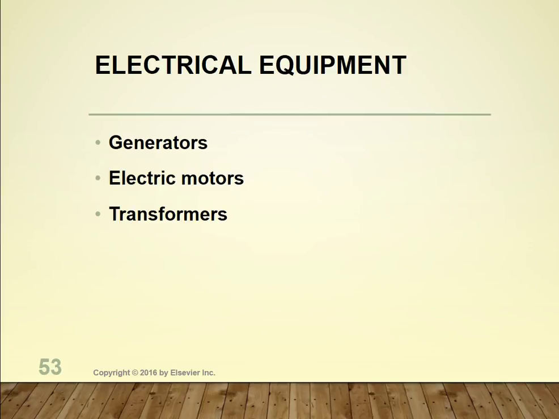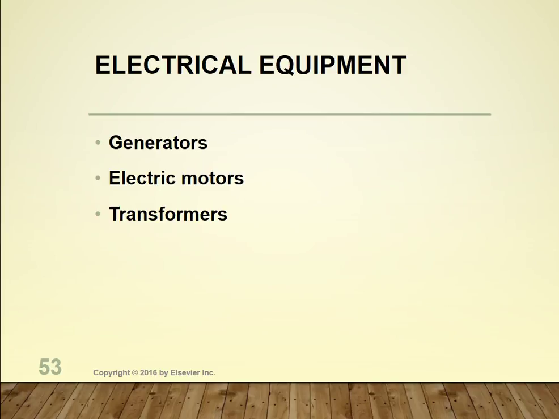When it comes to electrical equipment, electromagnetism and electromagnetic induction have many applications. Of particular interest to understand the X-ray circuit, we need to know what a generator, an electric motor, and a transformer is. So let's go through each one of these individually.